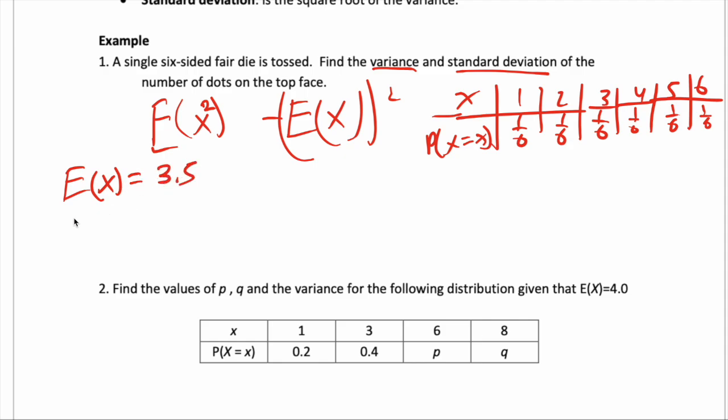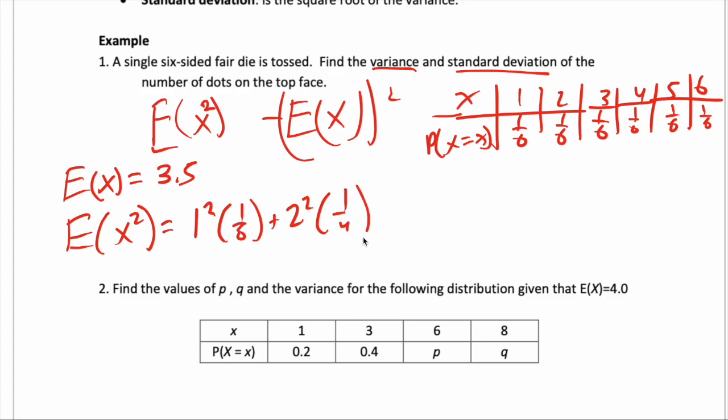It was 3.5. Expected value of x squared means you do x squared times the probability: 1 squared times 1/6 plus 2 squared times 1/6 plus 3 squared times 1/6, and so on. Now they're all out of 1/6, so it's like 1 squared plus 2 squared all the way to 6 squared, over 6, right?